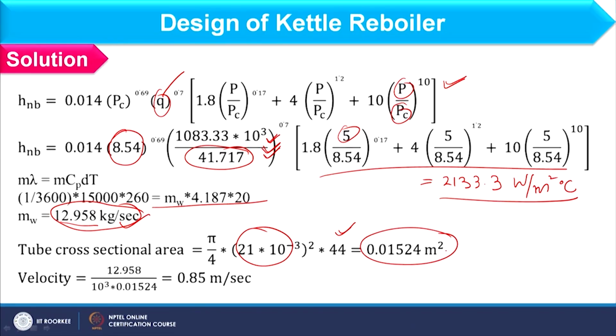Now, once you have this mass flow rate, you can find out volumetric flow, divide it by area per pass, and then you can find velocity as 0.85 meter per second. Whatever velocity you obtain, just take this value as it is. We should not worry about meeting a permissible limit, because we are dealing with 1-2 pass.